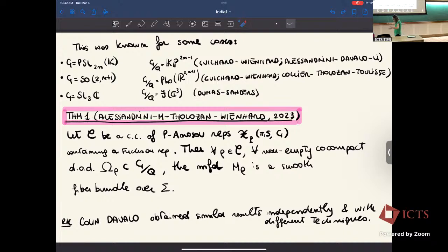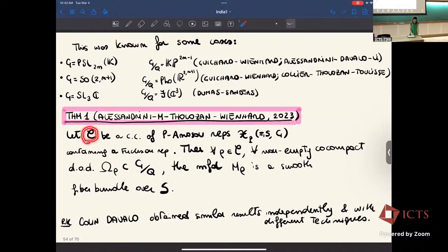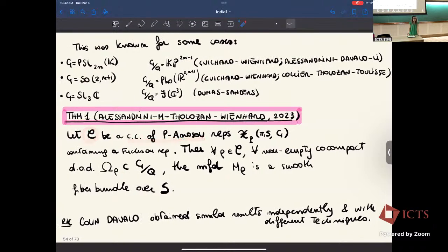just have a general construction to prove that this manifold, M_rho, is always a smooth fiber bundle over the surface. I think I call it S in this slide. And we can conclude in all components of Anosov representations that contain some Fuchsian representation.